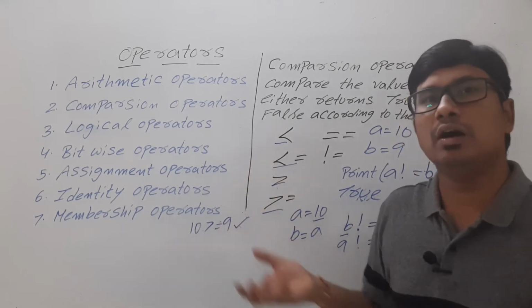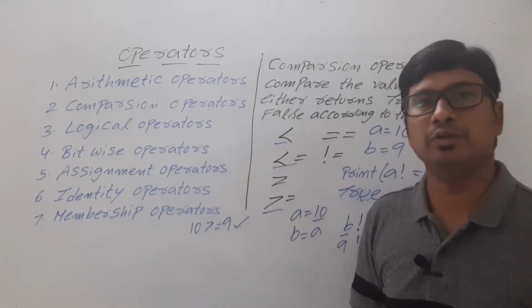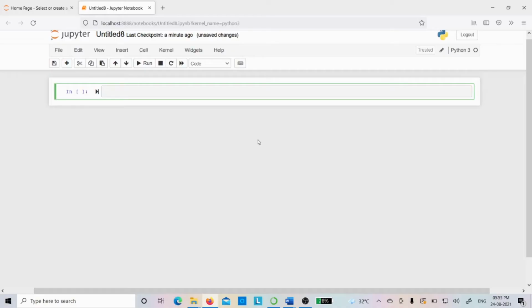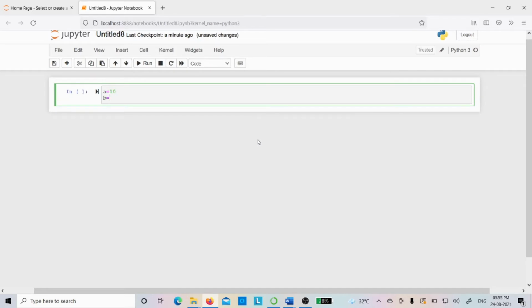Now let me show the practical things in the Jupyter notebook for better understanding. We will take two variables: for A, I will assign the value 10, and for B, I will assign the value 9. Now we will see the comparison operators. First, I will use less than. I want to verify whether A is less than B or not.